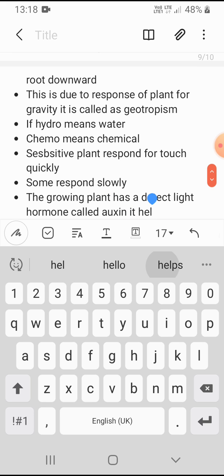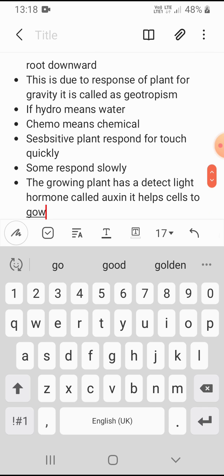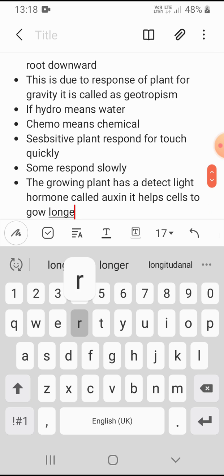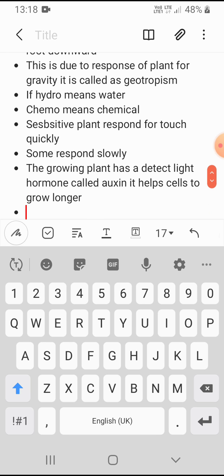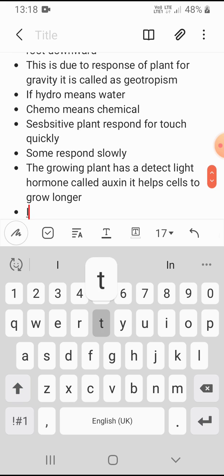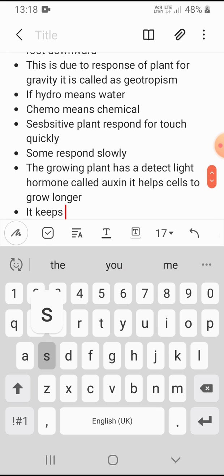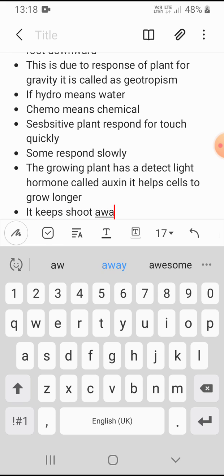It helps cells to grow longer. And it keeps the shoot away from light.